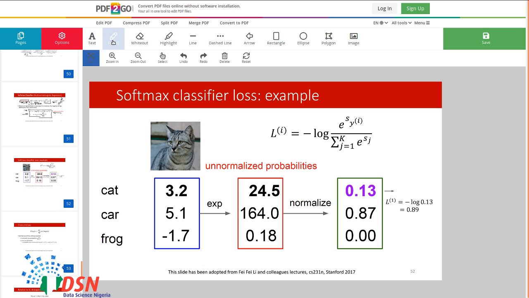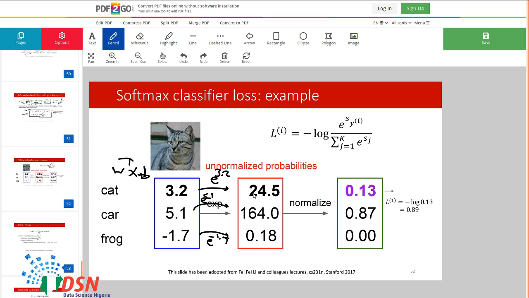Okay, so let's calculate some of these for an example to get some intuition. Let's say for this image we calculate W transpose x plus b, and we got these numbers. The next step is to get the exponent of these: exponent of 3.2, 5.1, and minus 1.7.